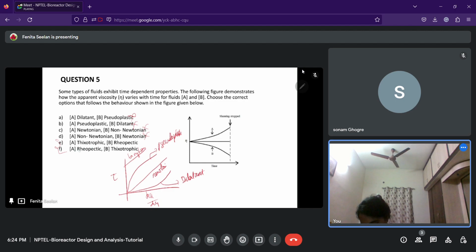Thixotropic means the viscosity decreases with stress over time. So if you think thixotropic, what is here? The viscosity decreases with the time.